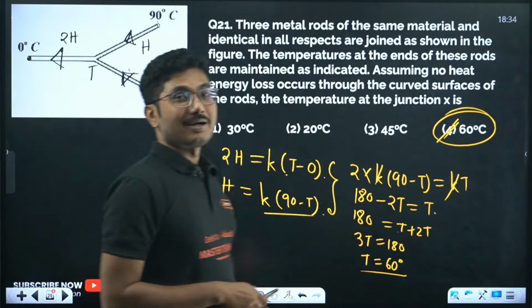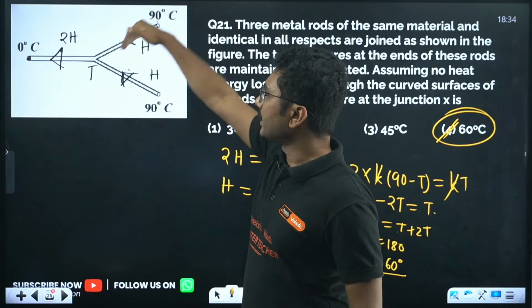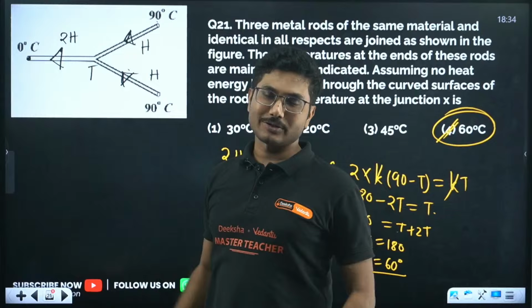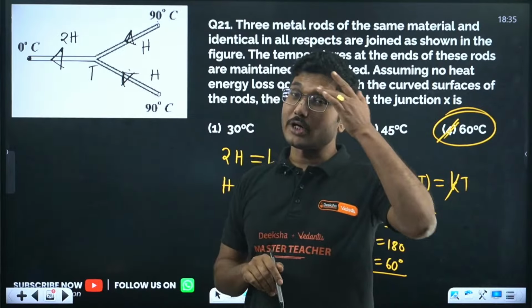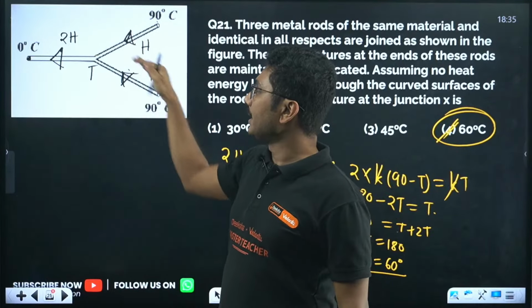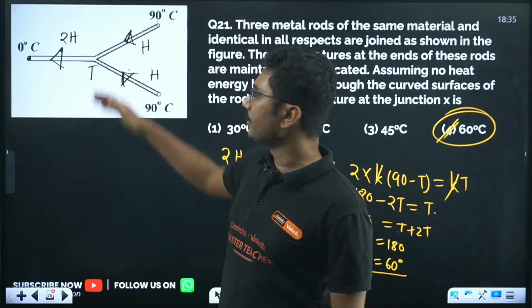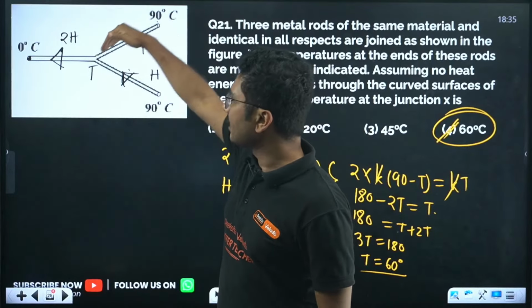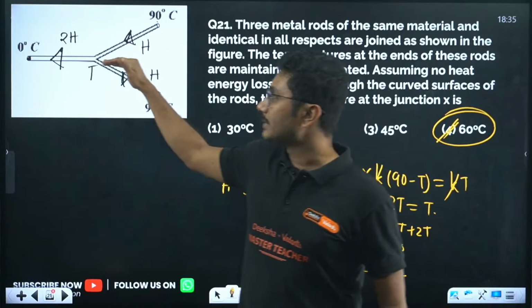So this is like Kirchhoff's current law. Current I is coming from here, current I is coming from here. What is the current passing through this? Kirchhoff's junction rule: the total current has to be 2I, right? So heat H is coming from this side, heat H is coming from this side. What will be the total heat passing through this rod?